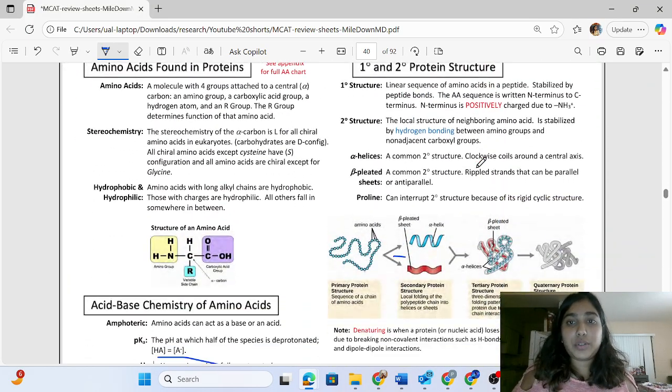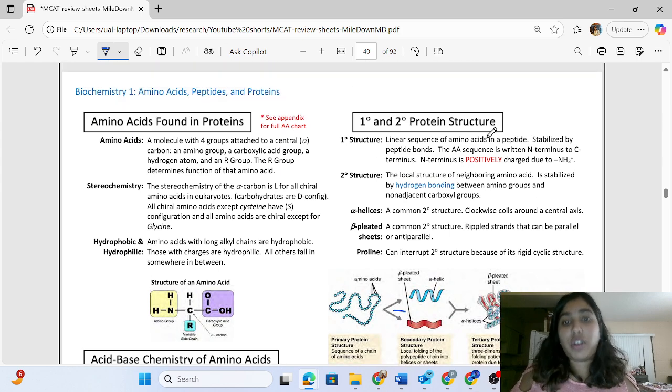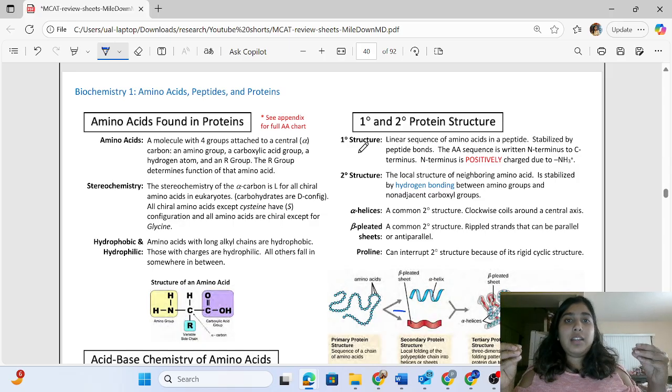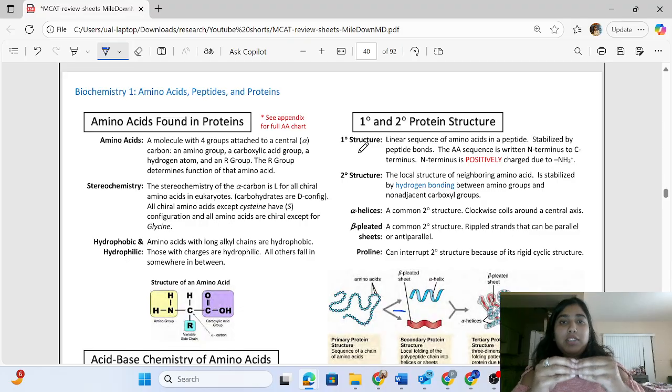now we are coming to the protein structures. So let's do first primary and secondary. Primary is very simple. Primary is just a sequence of amino acids, so you can put amino acids in any sequence, and there would be a unique sequence that will be formed, and that unique sequence will be a primary structure. Okay, so every unique sequence will have a specific function to it.